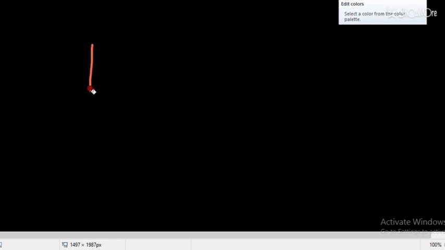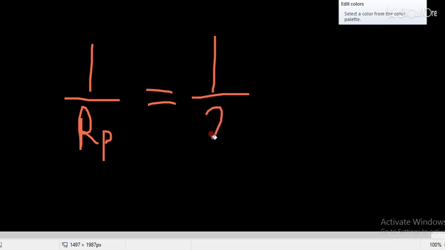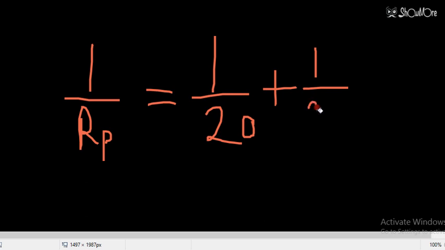So 1 by Rp, the parallel combination of resistance, is equal to 1 by 20 plus 1 by 20. Students, one more thing you can remember, whenever two same resistances are added in parallel, like 20, that will give half of that, like 10. So it is 2 by 20, that is 1 by 10, so Rp is equal to 10 ohm.